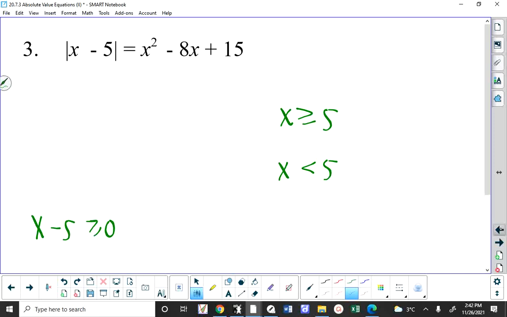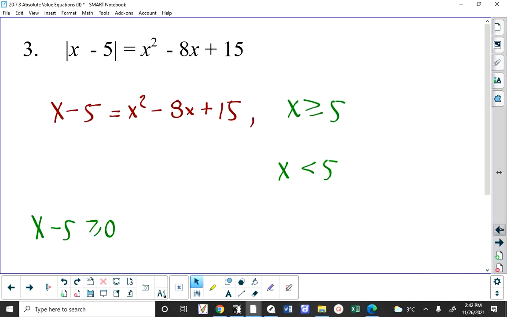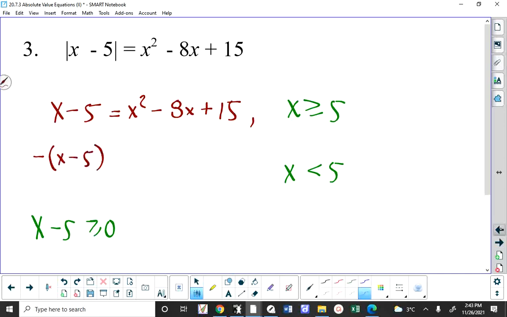So one of the equations we solve is x minus 5 equals x squared minus 8x plus 15. And the subdomain is written beside it. The other equation we solve is negative of x minus 5 equals x squared minus 8x plus 15.